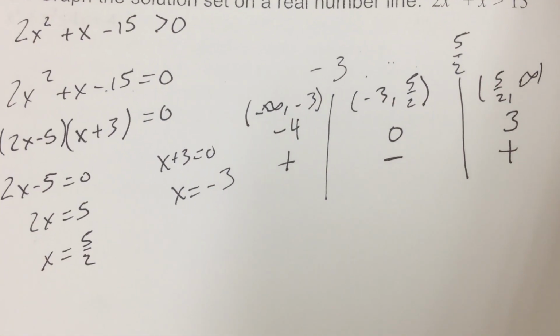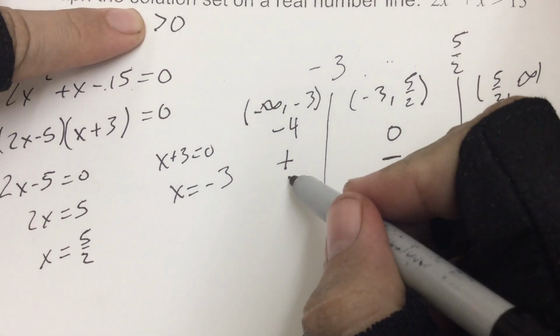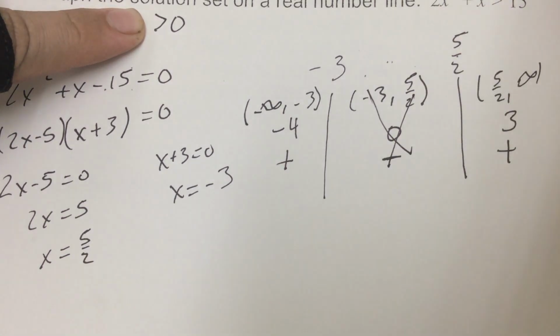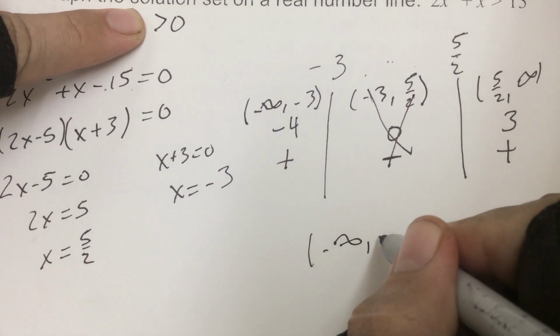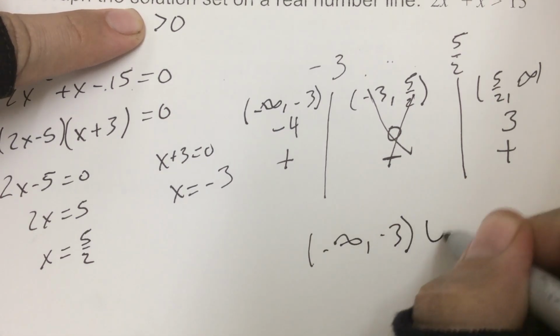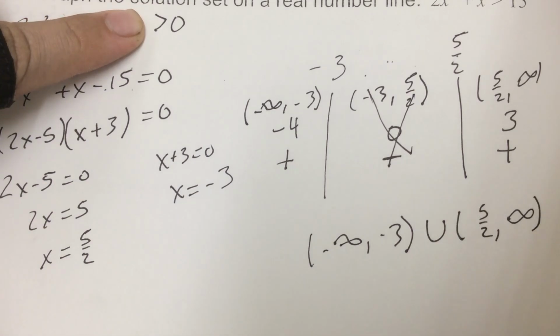Looking back at our original inequality, we want it to be greater than 0. Greater than 0 means positive, so we want the positives. The negatives won't work. So in this case, we have negative infinity to negative 3, unioned with 5/2 to infinity.